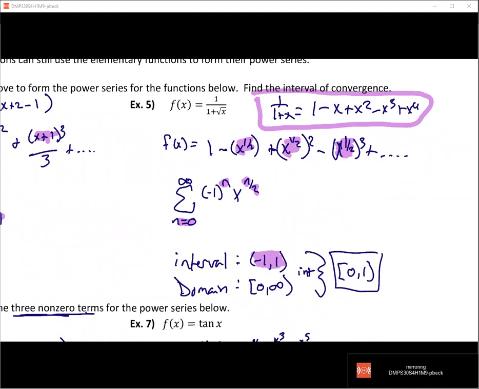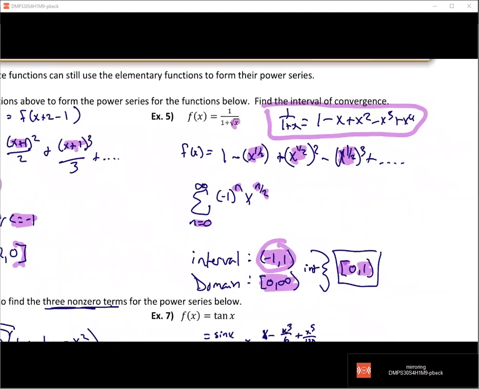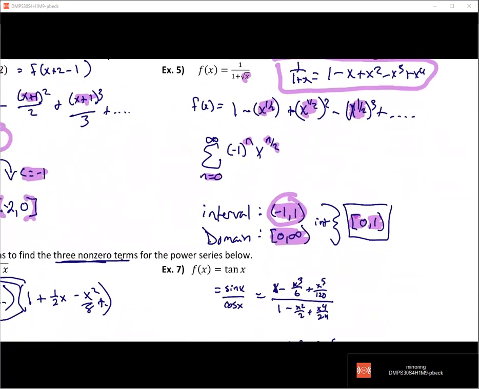But the domain of this, because we're working with the square root function, is just going to be from 0 to infinity. If we intersect those two, we include 0, since 0 is included in that interval, and we end at 1 and we don't include that endpoint. So this is a situation where you can't just memorize certain rules. You have to look at the domain and compare it to the intervals.